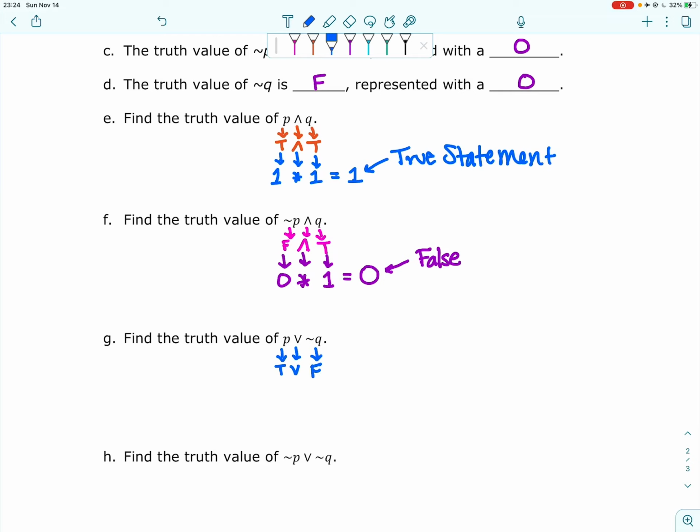True statements are represented with a 1, or means addition, and then false statements are represented with zeros. 1 plus 0 is 1. Because the result of this is bigger than 0, it's 1 or higher. This is a true statement.